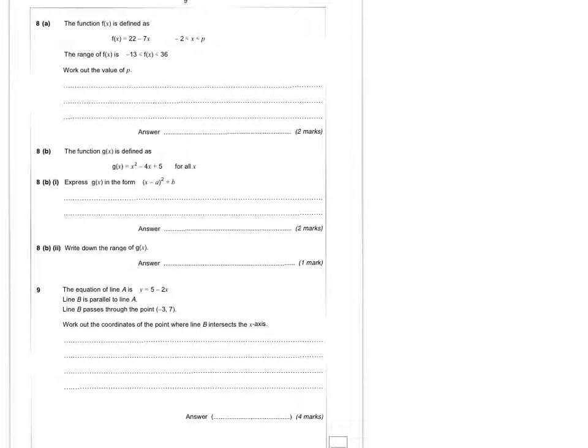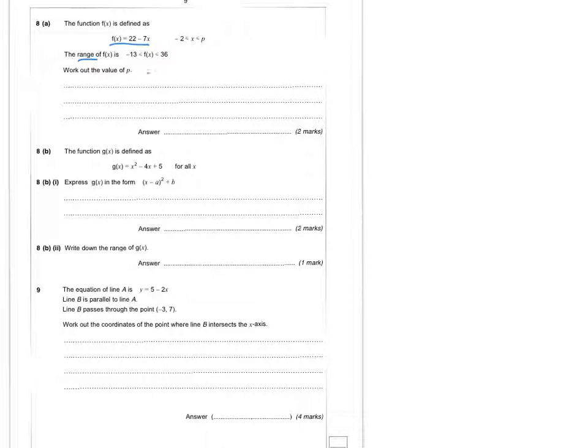Question 8. The function f of x is defined as that, for -2 less than or equal to x less than or equal to p. The range, so that f of x values, is -13 less than or equal to f of x less than or equal to 36. Work out the value of p.